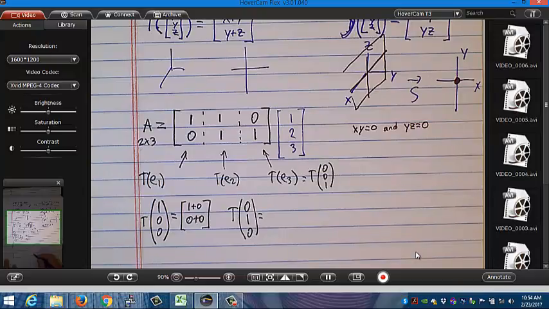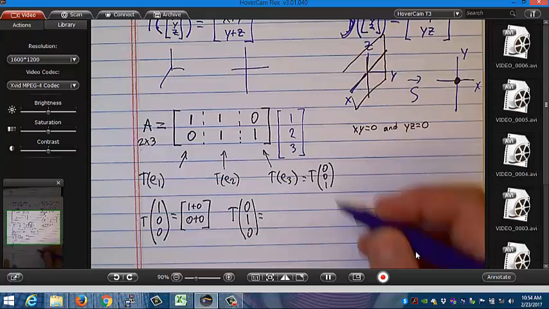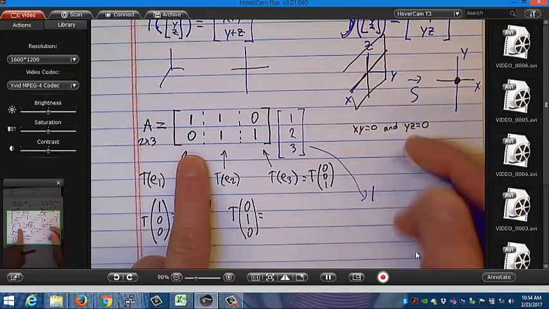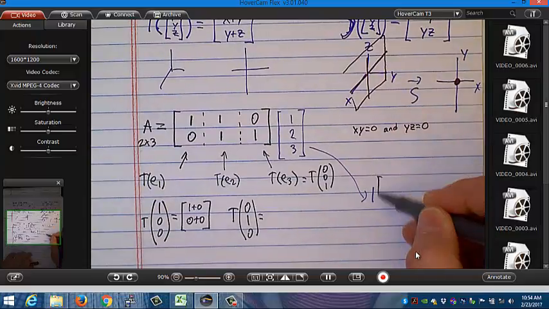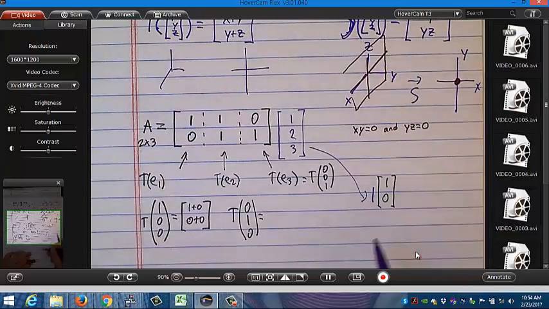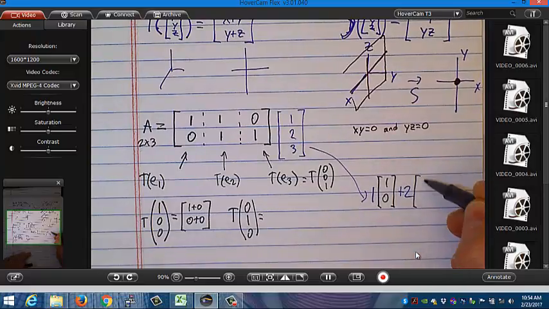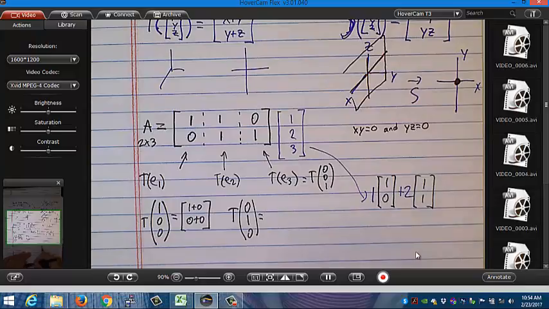How do I see that? Depends how you want to do the matrix multiplication. There are a lot of ways to do it. Maybe what I'll do is call it 1 times 1, 0, plus 2 times 1, 1, plus 3 times 0, 1. Do you see it works?